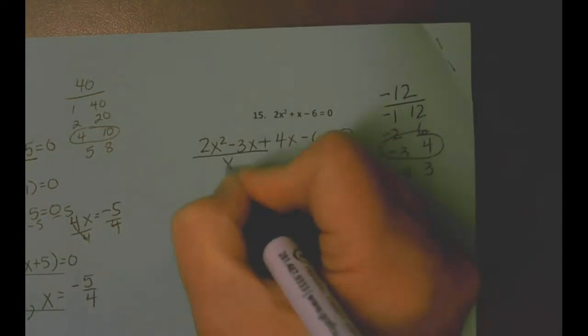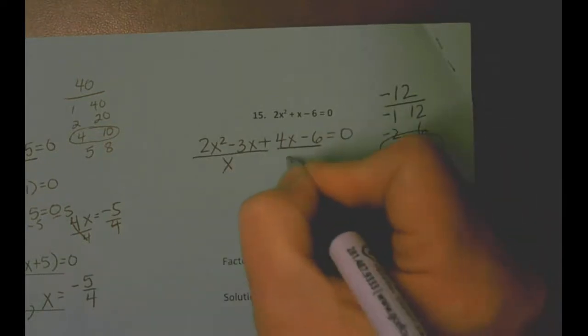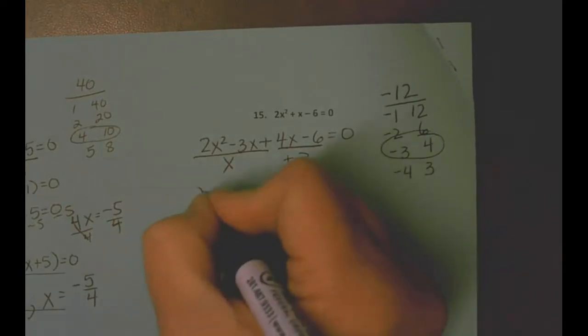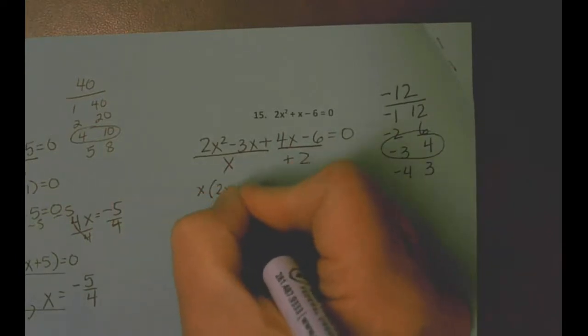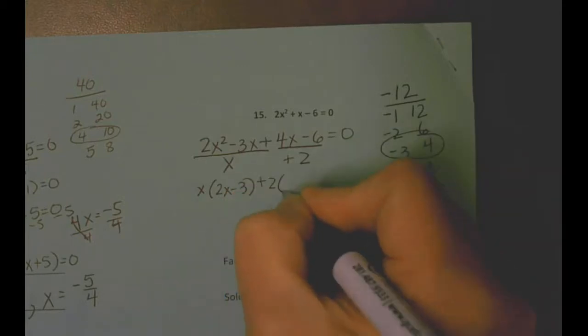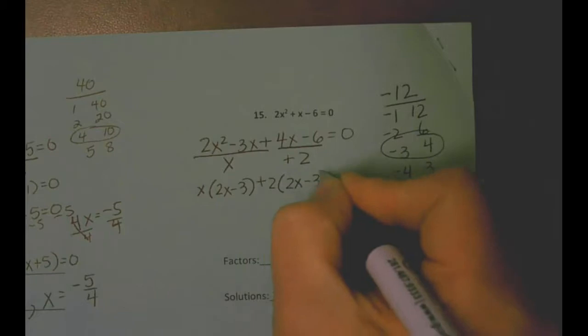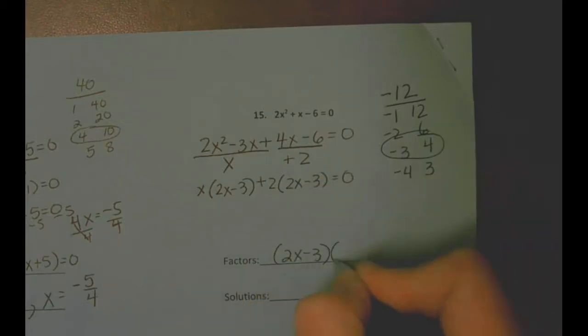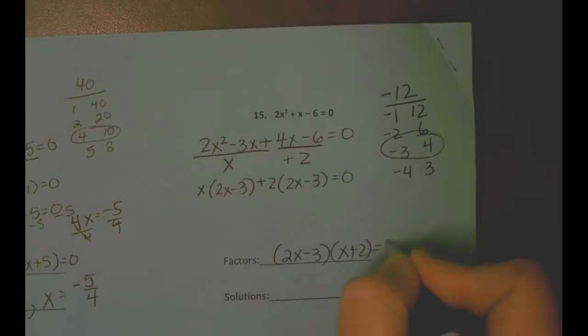This has a common factor of x. This has a common factor of 2. Factor out the x, and you get 2x minus 3. Factor out the 2, 2x minus 3. So we have 2x minus 3 times x plus 2 as our factors.